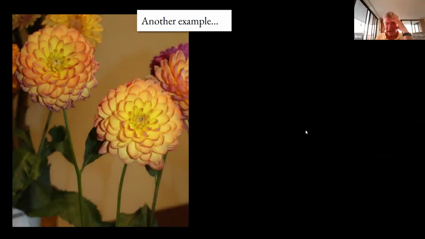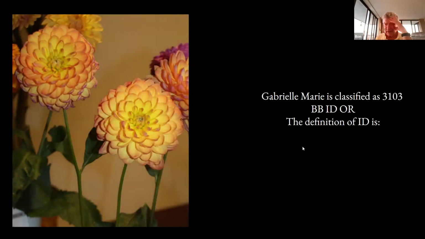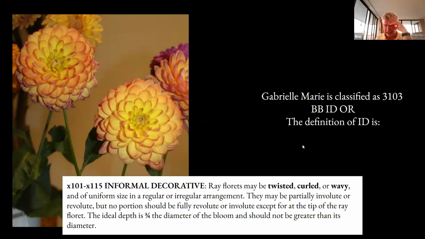Here's another example, kind of on the basis of the form. It's in an ID class and it isn't particularly ID. The ray floret should be twisted, curled, or wavy. And these are not particularly twisted, curled, or wavy. I mean, it looks more like a water lily to me.